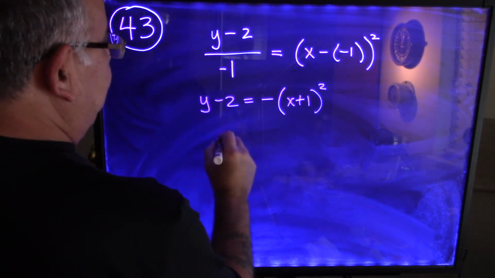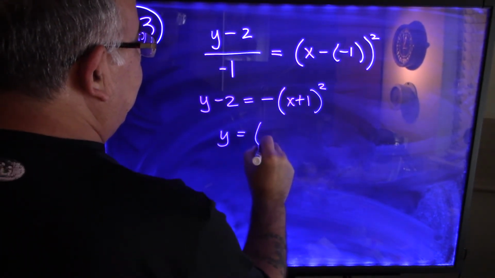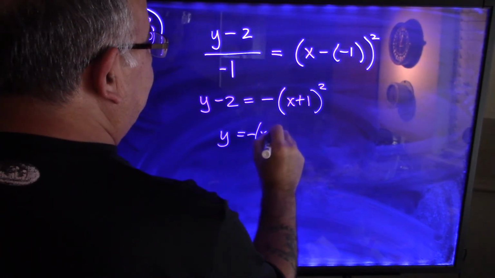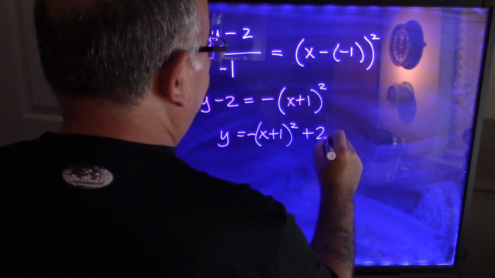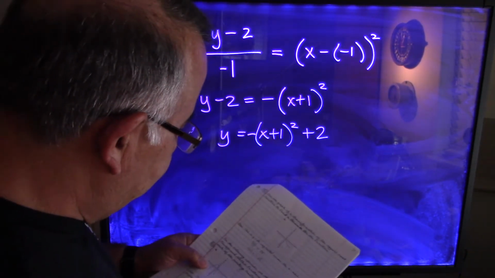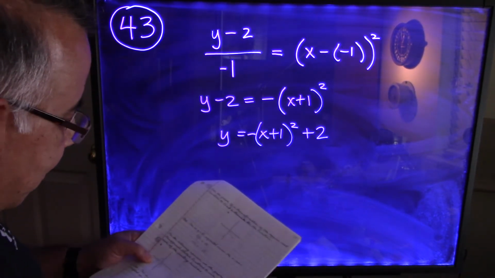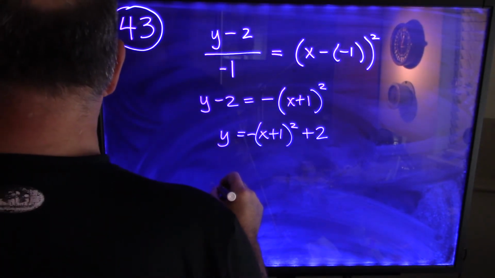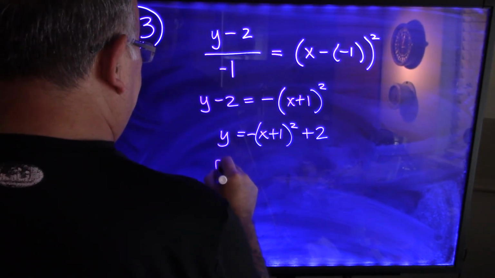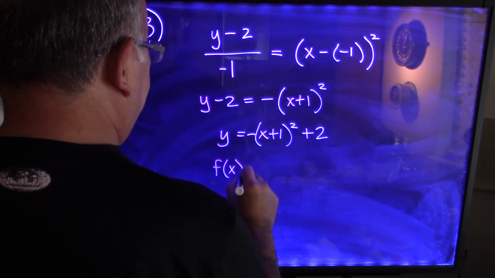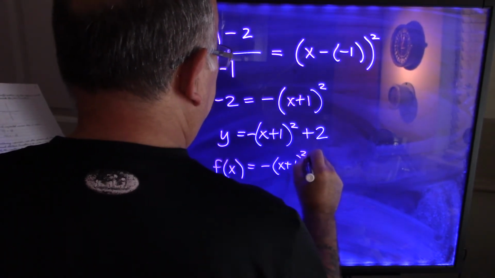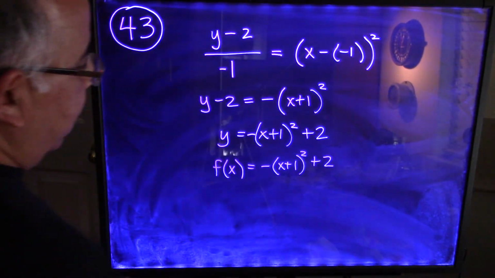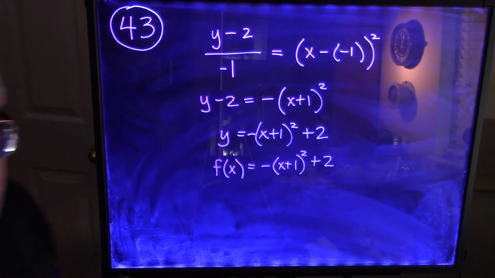Move the 2 to the other side, so you get y equals negative (x plus 1) quantity squared plus 2. That would be writing it in a simplified form, or to make this absolutely correct, we've got f of x here instead of y. All right, so there you go.